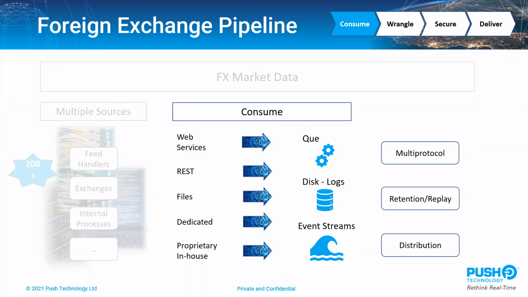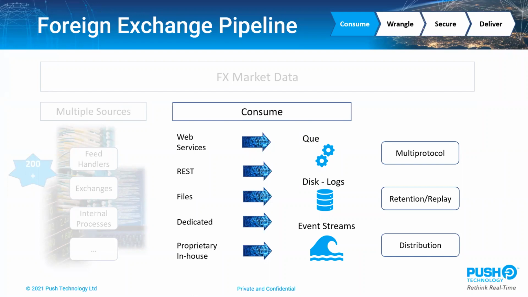And through this consumption, it's going into the different brokering technologies based upon the use case and the capabilities. Some feed handlers may only deliver data to Kafka. So there'll be some requirements on the consumption side based upon the sources that you're using.